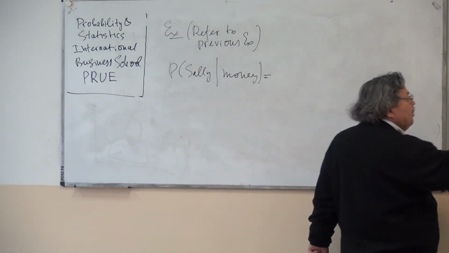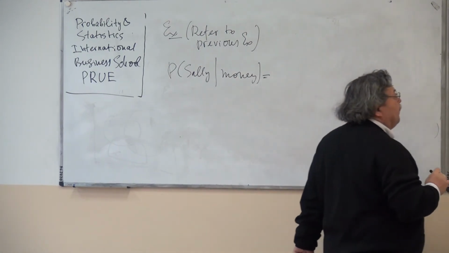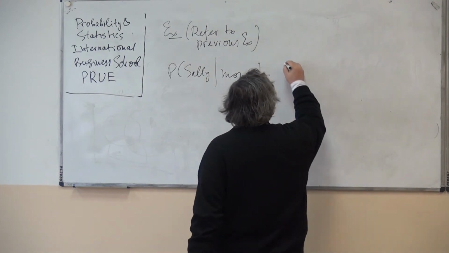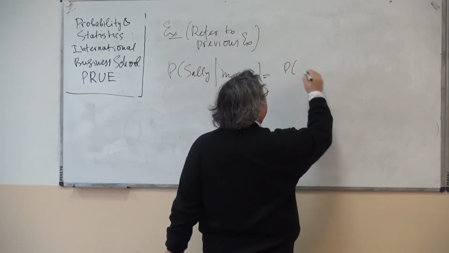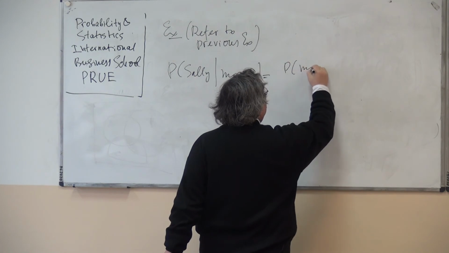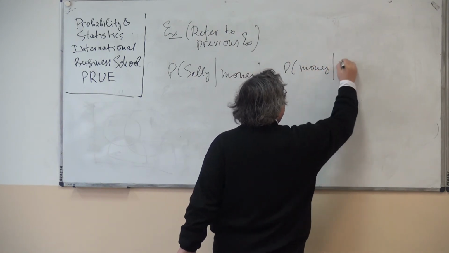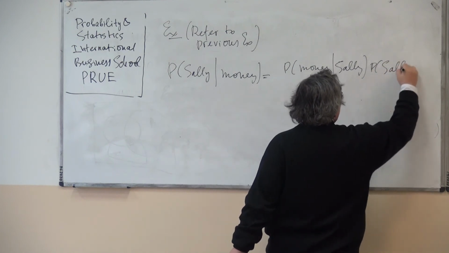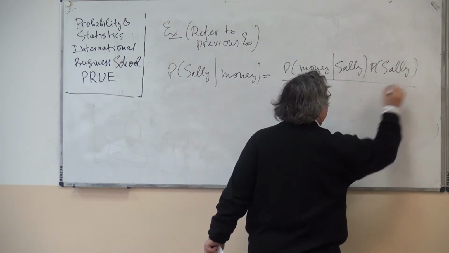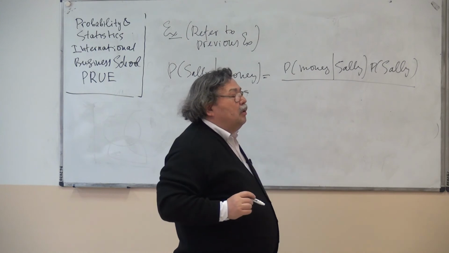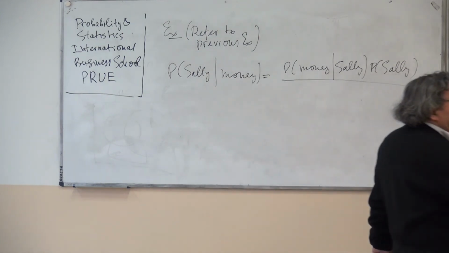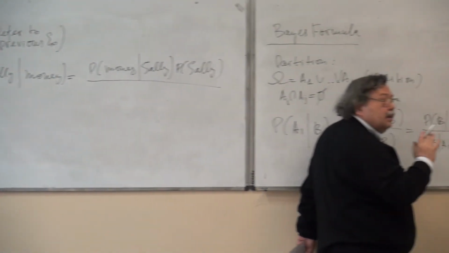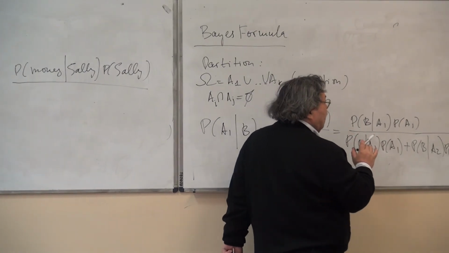Okay, now we use this formula here. The numerator: the probability that it contains money, given that it comes from Sally, times the probability of Sally. And the denominator is the probability that a letter contains money.